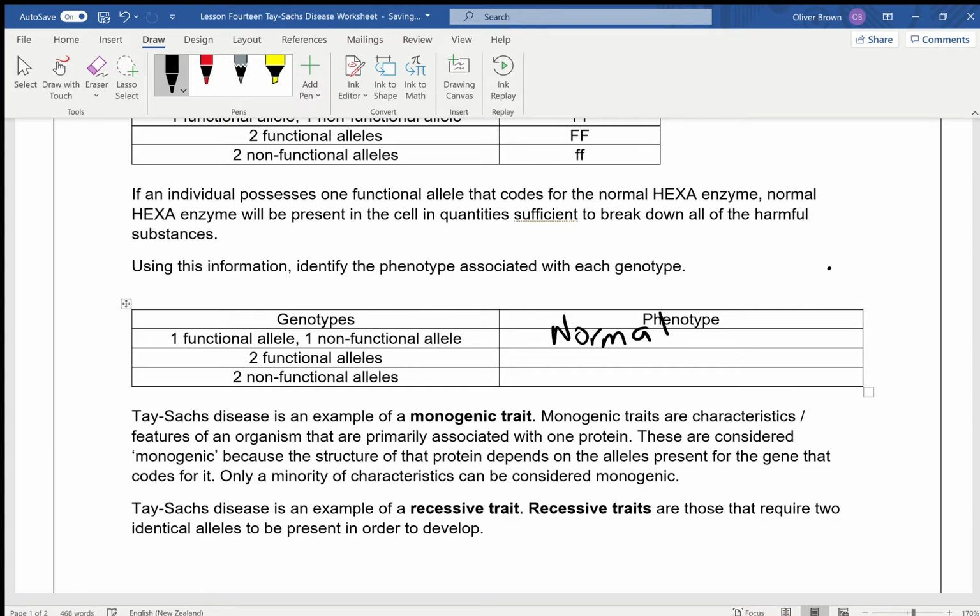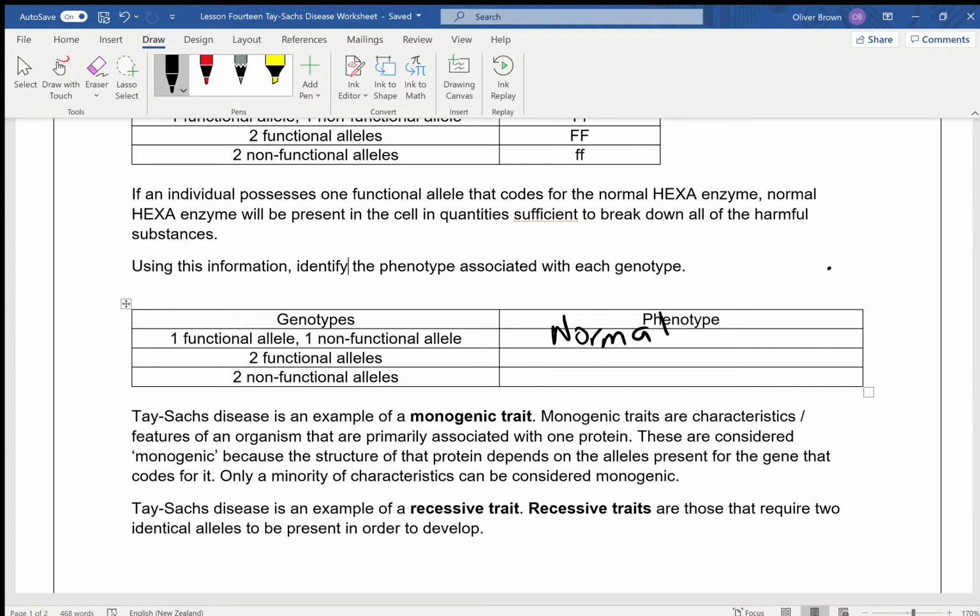And that's because if you have one functional allele, you will make normal hexa enzyme. And your neurons, your nerve cells in your brain, will have normal hexa enzyme with which to break down the toxic material into harmless material. You only need one functional allele to make enough normal hexa enzyme to break down all of the toxic material in the cell.